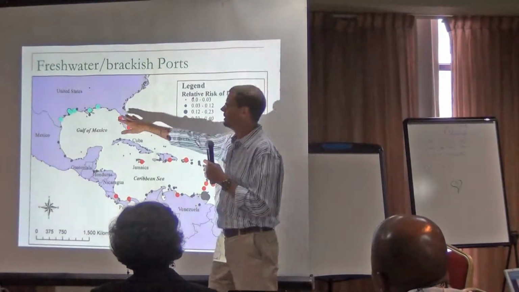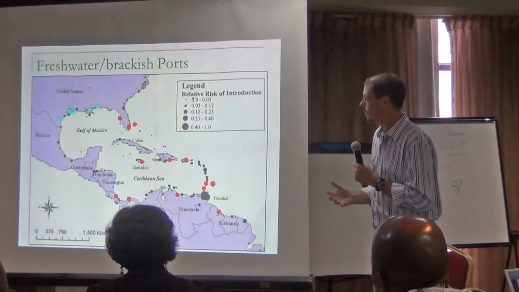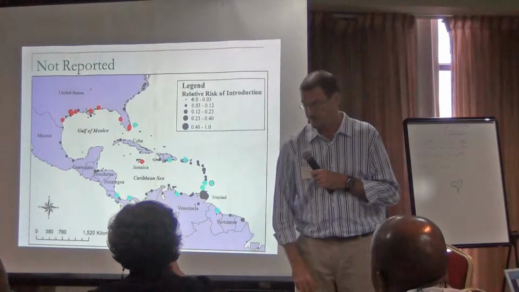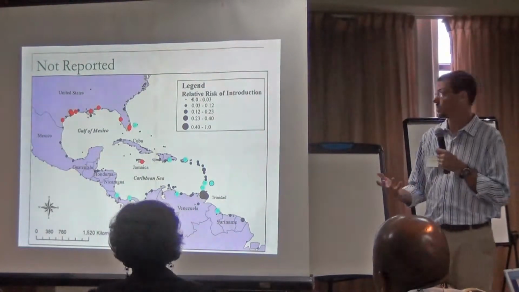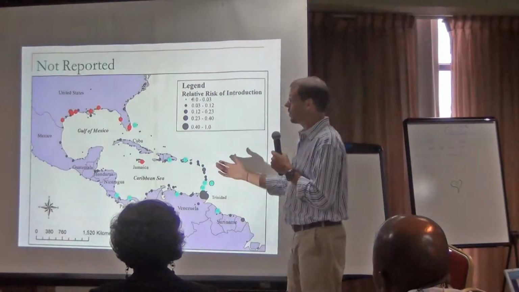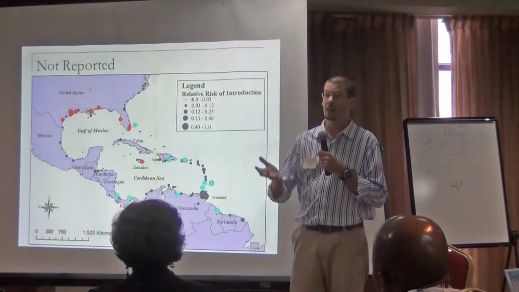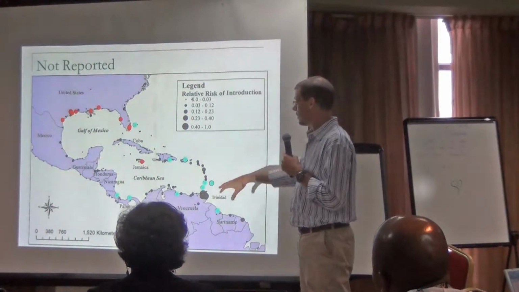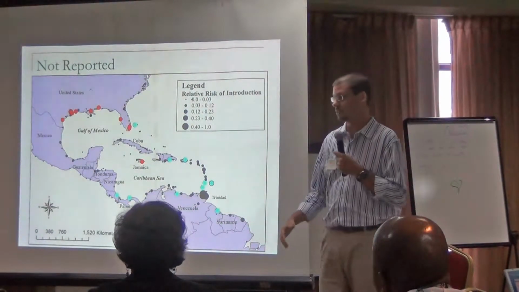So they may not be the best place for something like green mussel. At this point, without knowing more about green mussel or about these ports, that's my best explanation. But then we have quite a few locations that my model predicts have a pretty good chance of having green mussel, but they don't. Now, I think we'll probably learn more about the green mussel tomorrow, and that the populations in Trinidad aren't near what they were 10 or 15 years ago.